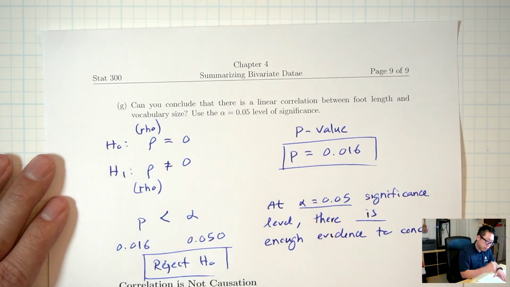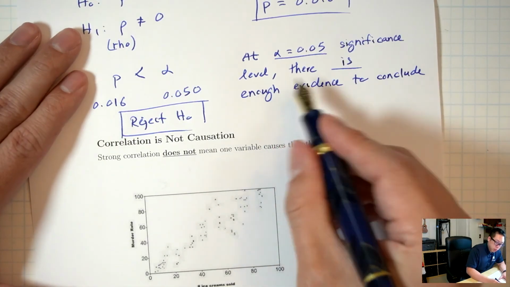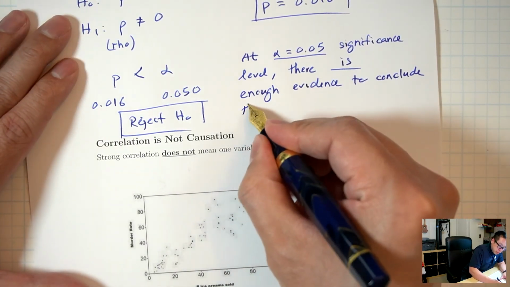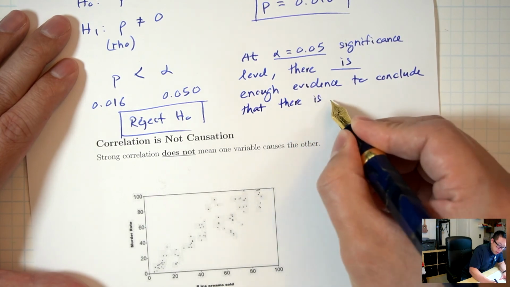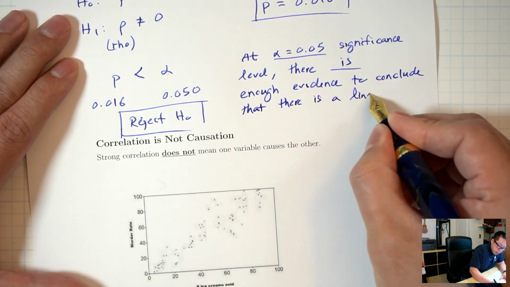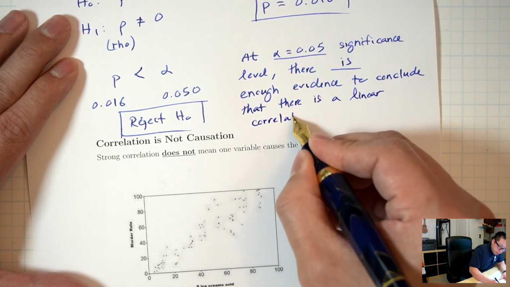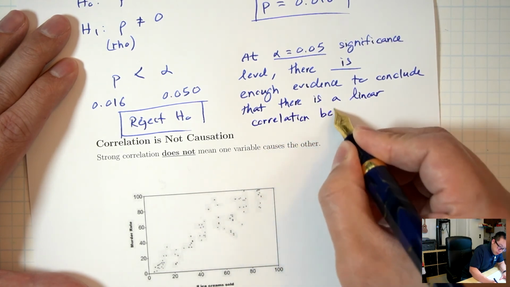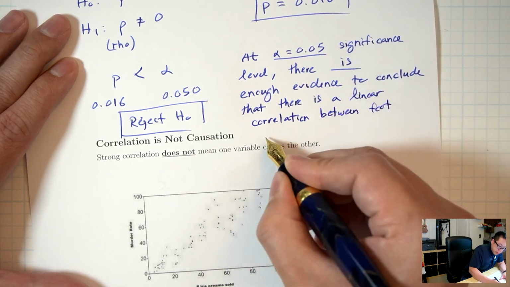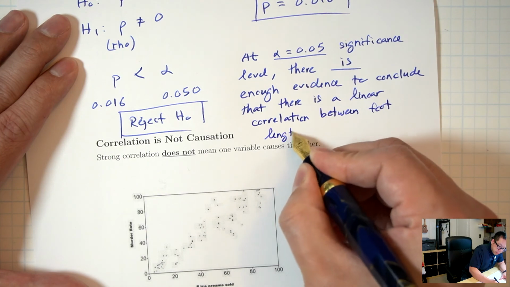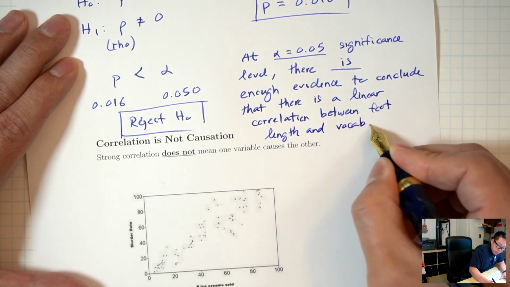Can you conclude that there is a linear correlation between foot length and vocabulary size? There is enough evidence to conclude that there is a linear correlation between foot length and vocabulary size.